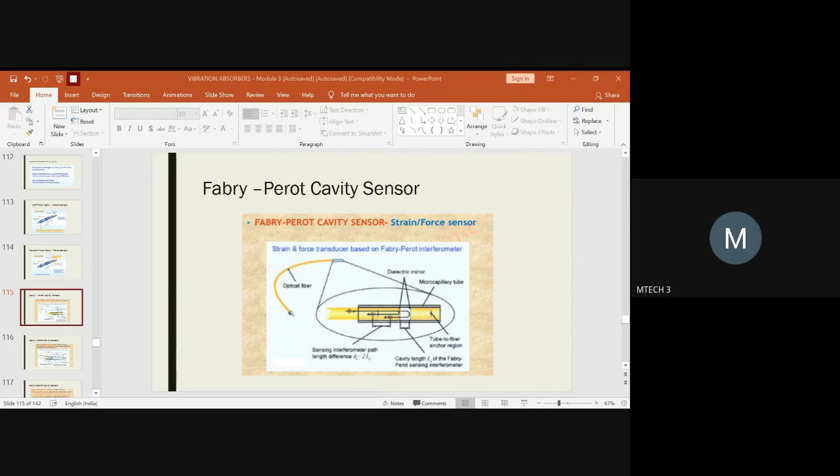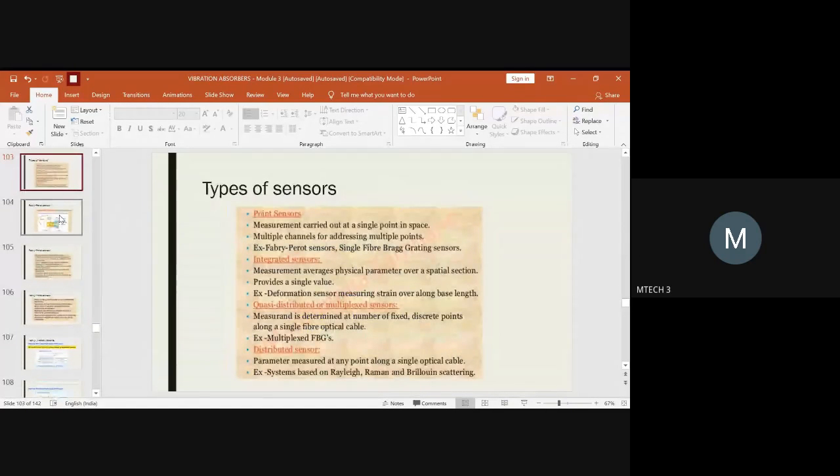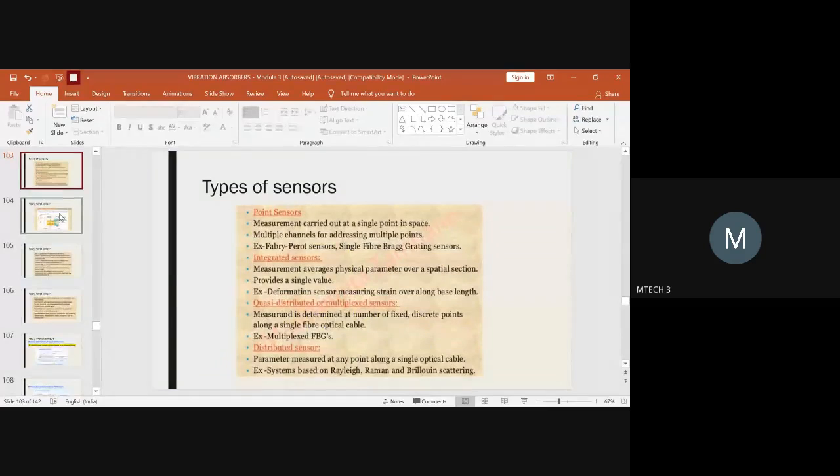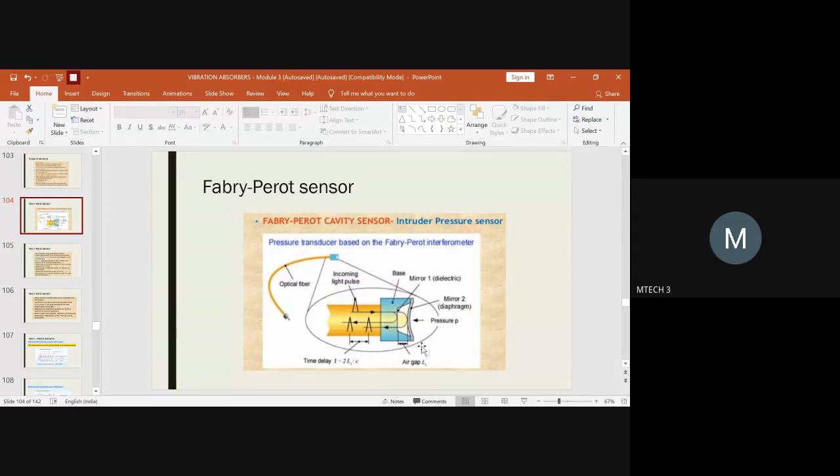Do you remember about Fabry-Perot cavity sensors, what we dealt about? So I told you the types of sensors, in which we are focusing on Fabry-Perot sensors. We dealt about the principle, how it operates. Mainly we have two mirrors, mirror 1 and mirror 2.